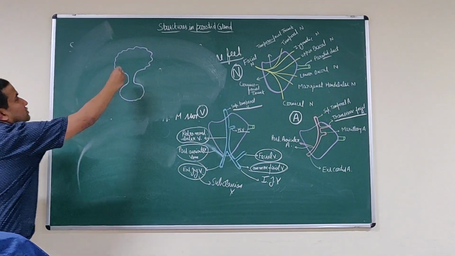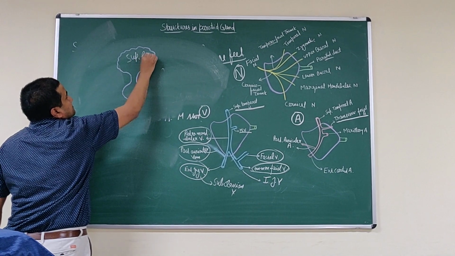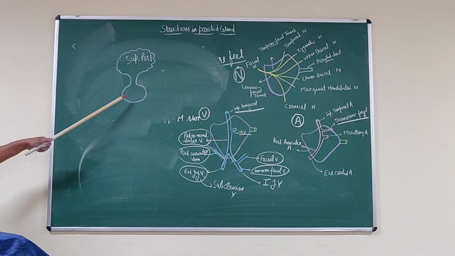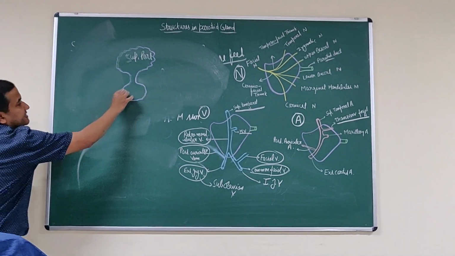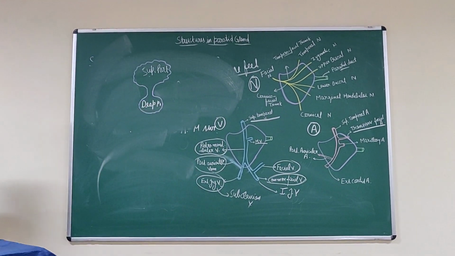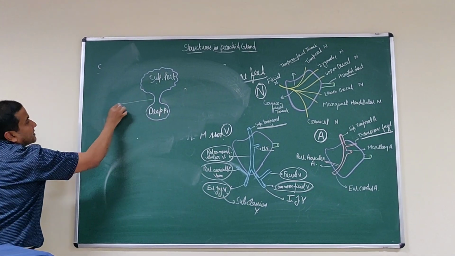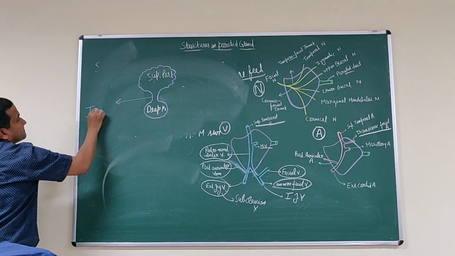This is the large superficial part, and it is the deep. It is deep to the ramus of the mandible. It is the deep part of the parotid gland, and these two parts are connected by the isthmus.